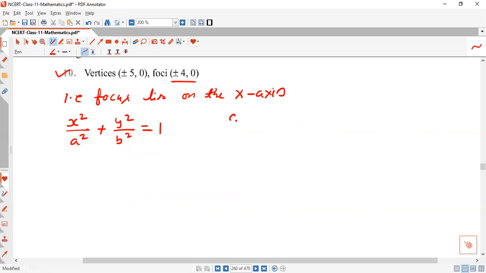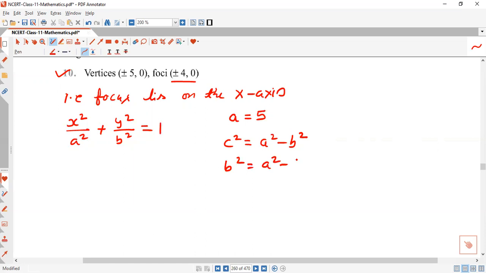So the value of a is 5, because the vertices are given to you as plus minus 5. And the foci are given to you as 4 comma 0. So you know c square equal to a square minus b square.